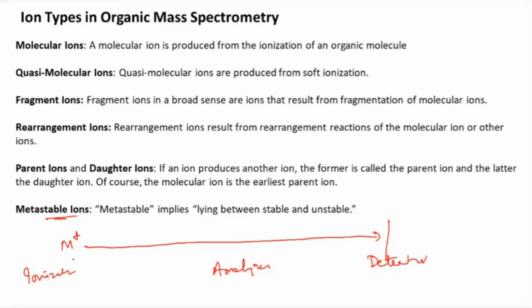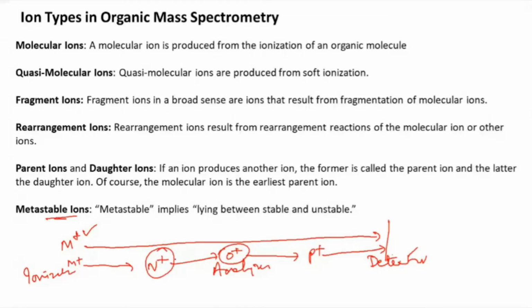But in most cases, the M plus ion has energy, so it will be fragmented, and then P plus, and this P plus will be recognized over here. So N plus and O plus, these two cannot be observed in the detector, or we cannot predict them in the beginning, from the M plus ion.